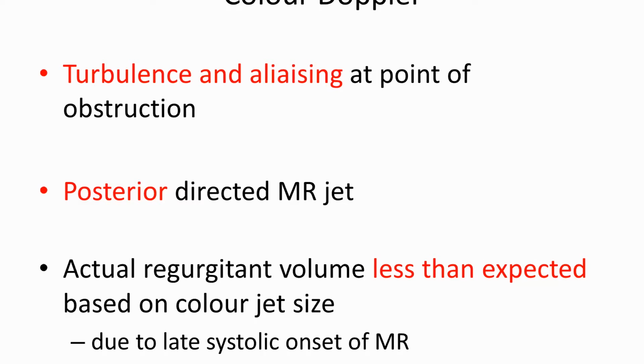Importantly, in significant cases, you'll get a posteriorly directed mitral valve jet, which can look pretty impressive on colour Doppler in terms of its surface area, but just bear in mind that the mitral regurgitation often doesn't start till very late in the cycle, mid to late systole. So the actual amount of regurgitation is not as much as you would predict on the basis of the colour Doppler signal.